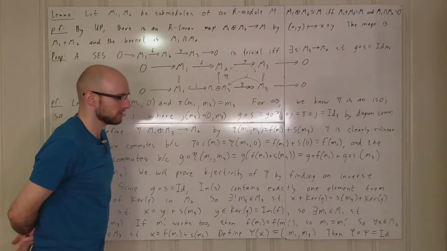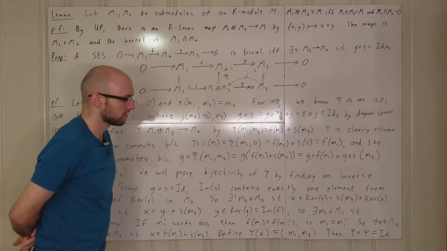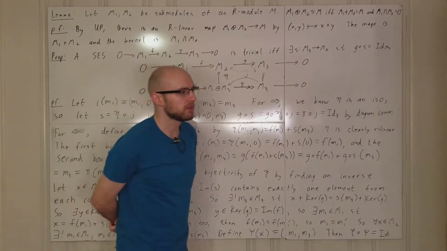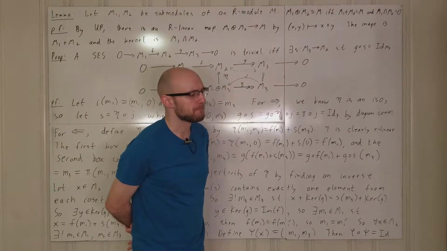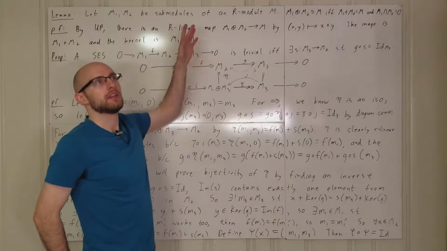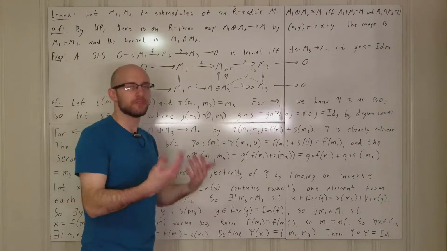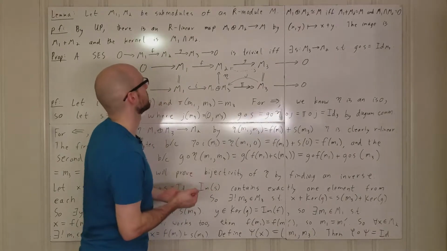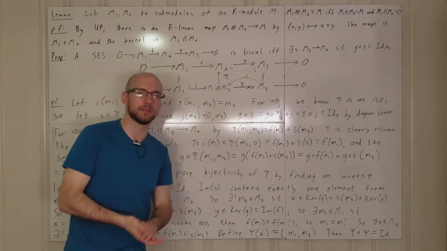That's because if you take an element in the intersection, then the inverse of that element is also in the intersection, because again, this is an abelian group.